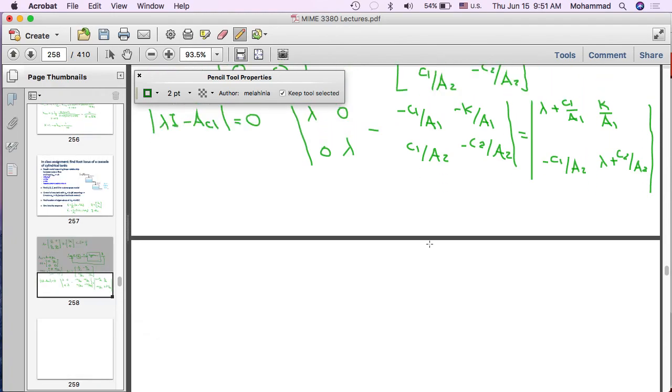So the determinant would be lambda plus C1 over A1 times lambda plus C2 over A2, minus minus becomes plus C1 K over A1 A2, equals 0.